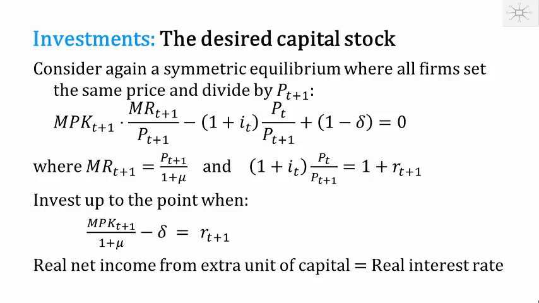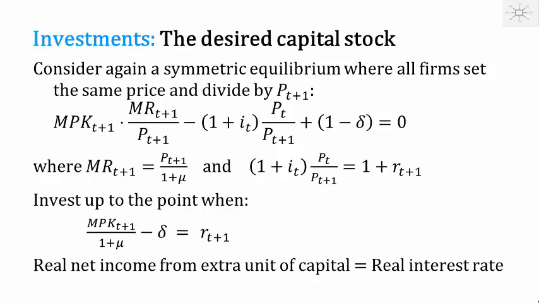All firms set the same price, and we set this expression to 0 because we know that's the point where you have made the optimal, profit maximizing investment. And then we divide by the price level throughout this equation. And then we get this expression here.